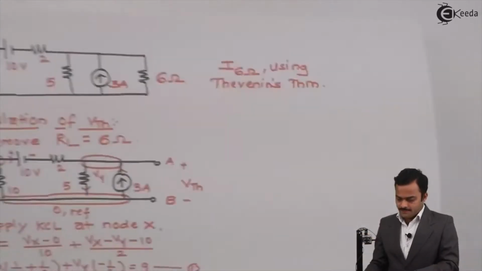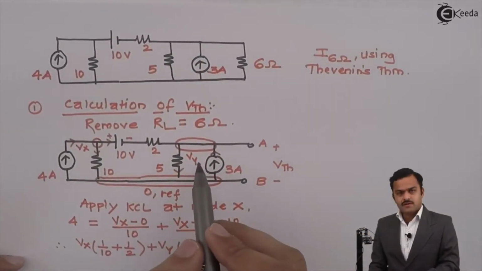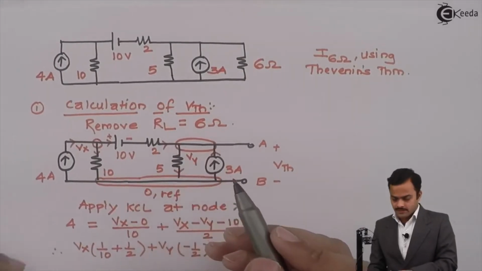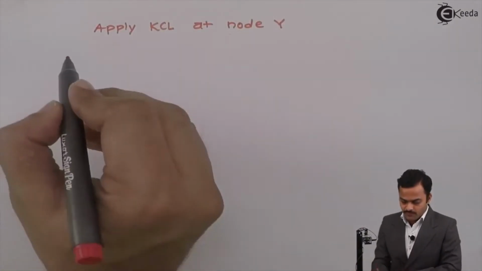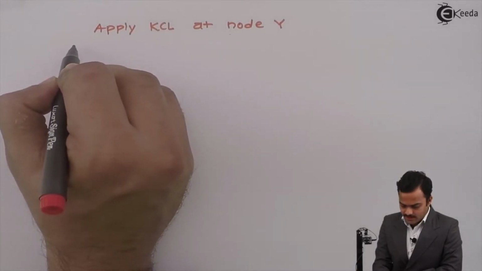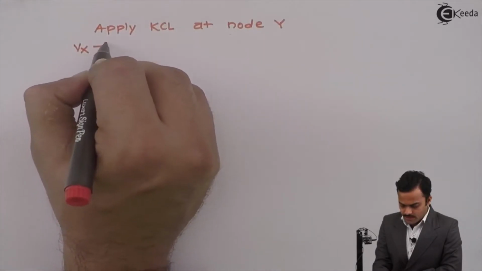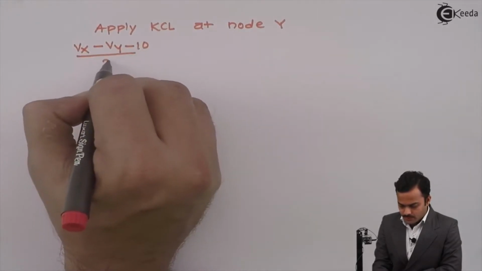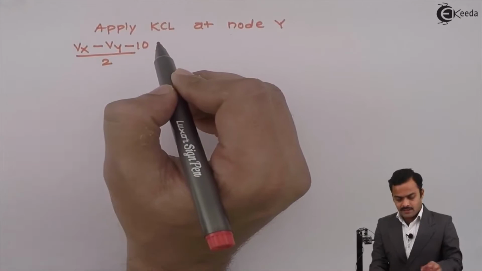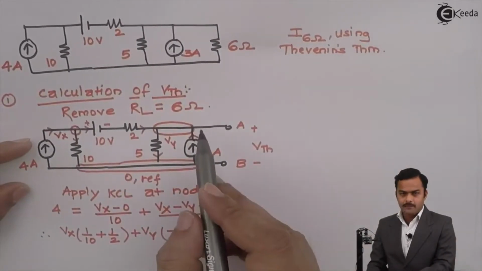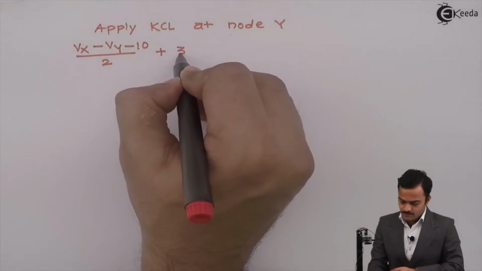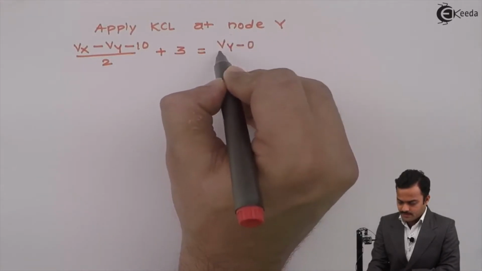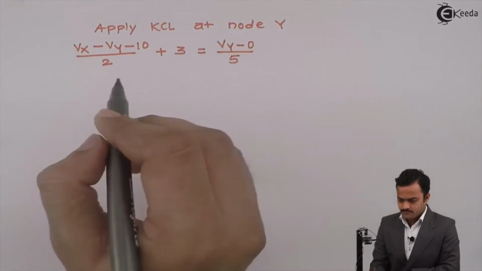Similarly, I can apply KCL at node Y. At node Y, I am having 3 branches once again. This is incoming, this is also incoming, and one outgoing. The equation for the first incoming branch current is (Vx minus Vy minus 10) divided by 2. One more incoming current is a current source of fixed value 3 ampere. So plus 3 equals the outgoing current, which starts at Y and ends on reference, resistance is 5 ohm.